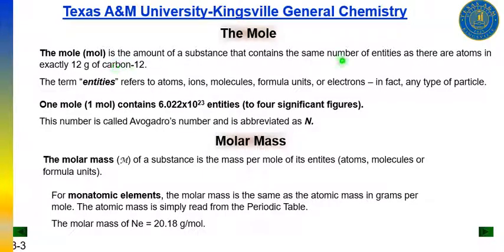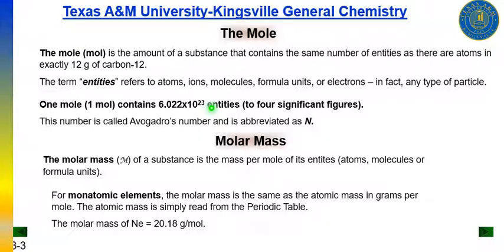When we discuss the number of entities, it refers to atoms, ions, molecules, formula units, and even electrons. In fact, any type of particle can be used as an entity as a representative. 1 mole of any substance of any entity contains 6.022 times 10 to 23 entities.